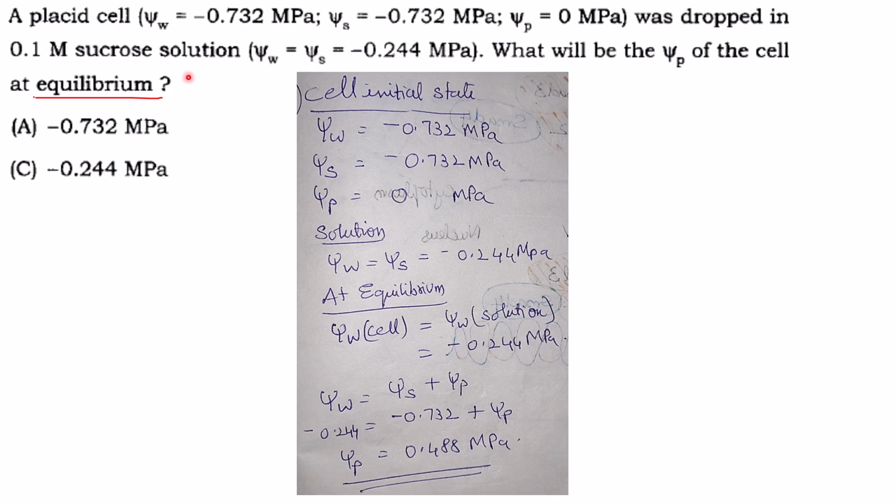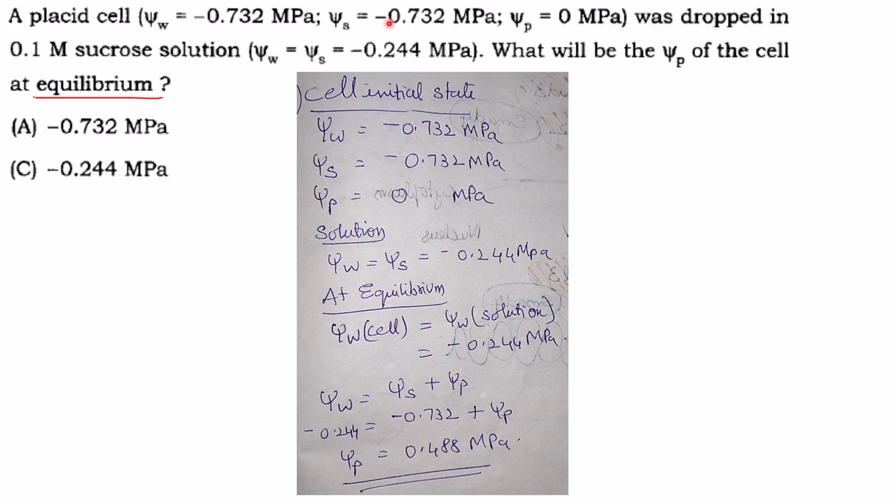Okay, so you know that water moves from an area of high water potential to an area of low water potential. So initially the water potential was minus 0.732, and when it was dropped in a solution, the solution had a water potential of minus 0.244.